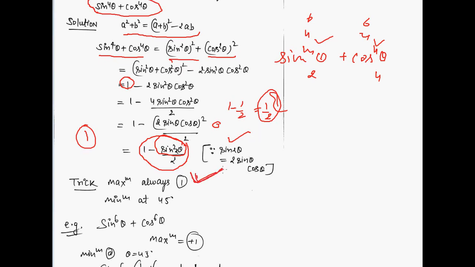Maximum is always 1 and minimum is always at theta equal to 45.